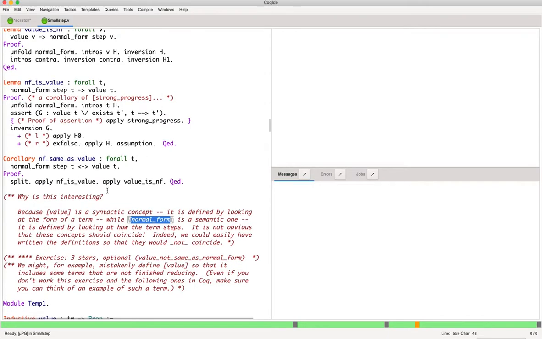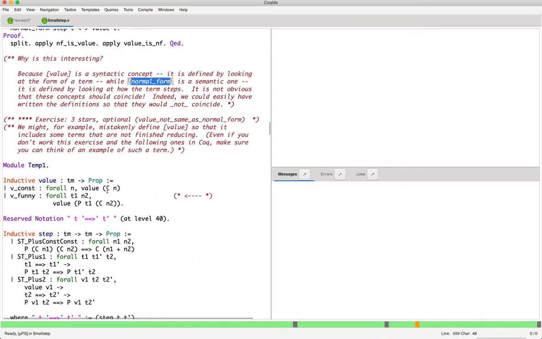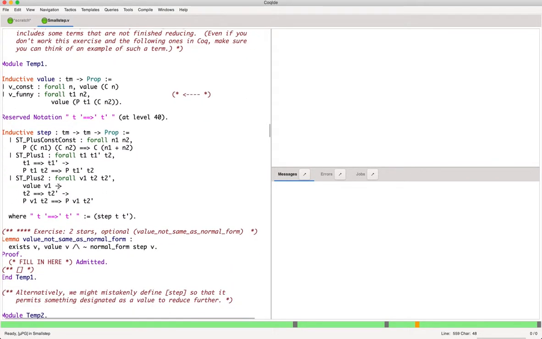Now the rest of this section is showing you situations where that might not be the case. So temp 1 here, this is a separate module, so this is basically saying, what if we had a different notion of value, perhaps a different notion of step?